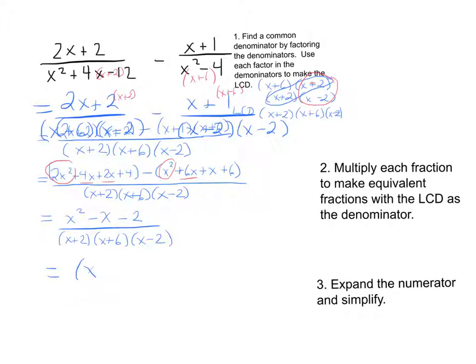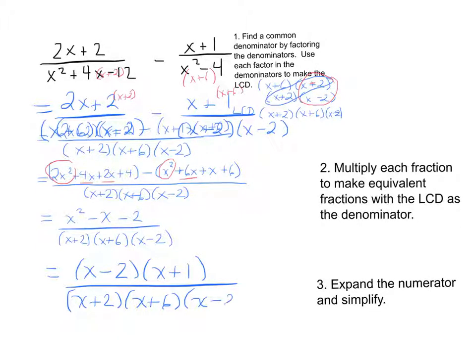So this is x minus 2 times x plus 1. And then it's over x plus 2, x plus 6, and x minus 2. Do you see why we do that? Because what can I do now to simplify it just one step further? Just cancel. Get rid of those common factors.